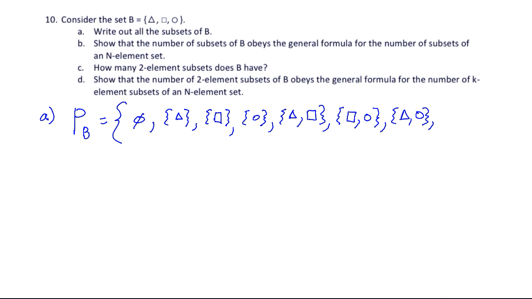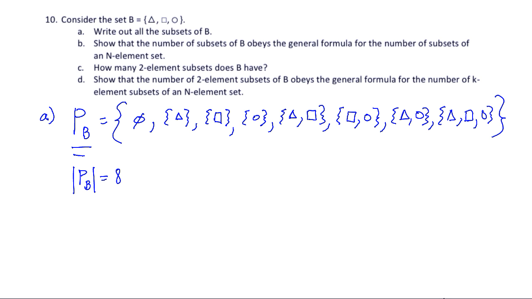And finally, it's going to contain the 3-element subset, which is the entire set. Those are all the subsets of B, and that is called the power set of B. The number of subsets is equal to 8, so the size of the power set of B is equal to 8.